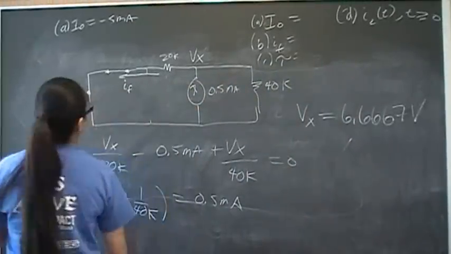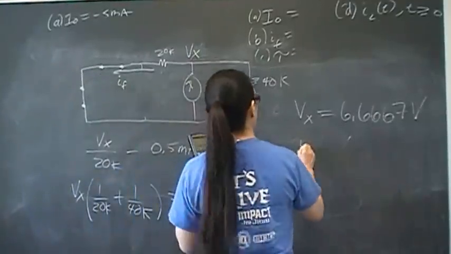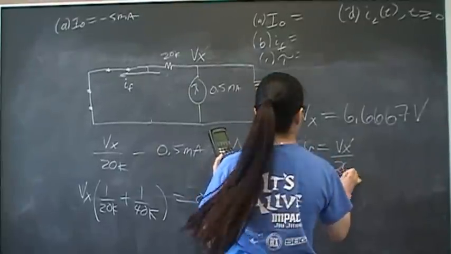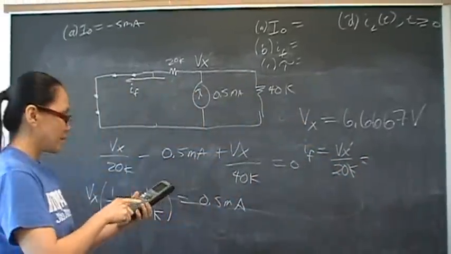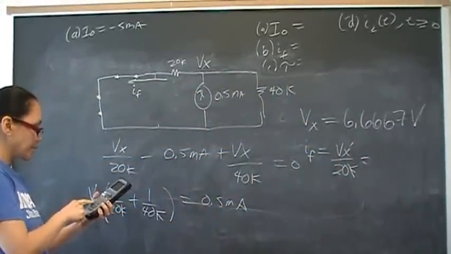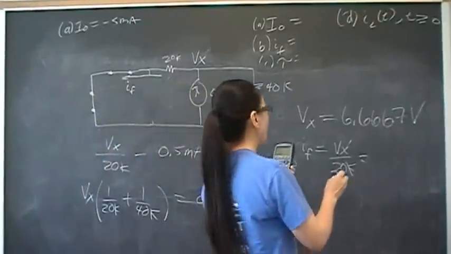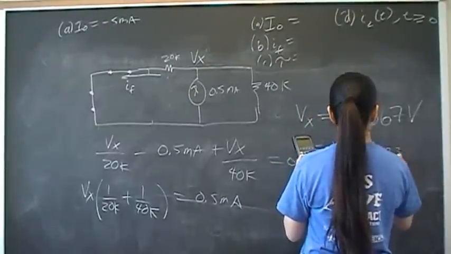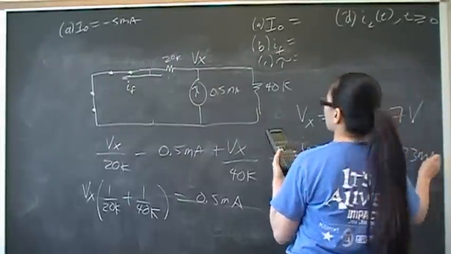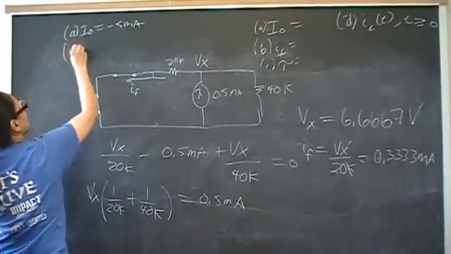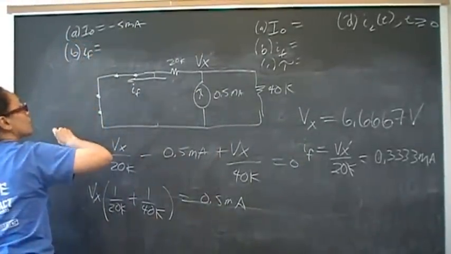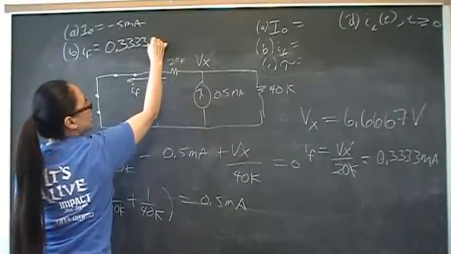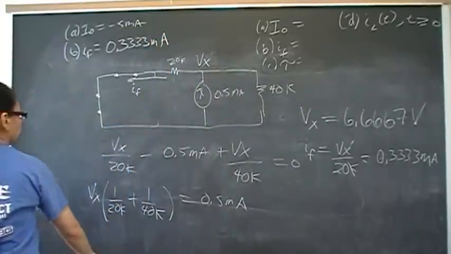Alright, that's not what I'm looking for. I'm looking for I final. So I final is going to be Vx over 20K. So I'm going to take that and divide it by 20K. And that tells me that the I final is 0.3333 milliamps. Right, so that's part B. I final, the final current going through the inductor, is 0.3333 milliamps.